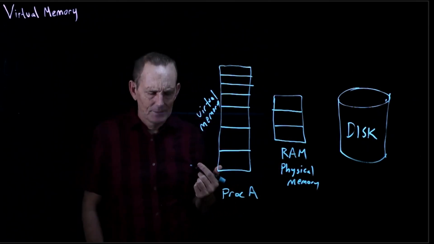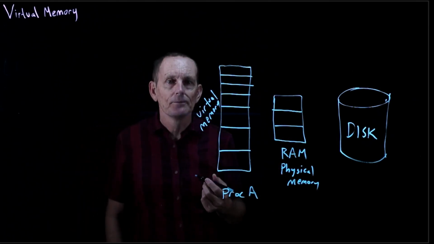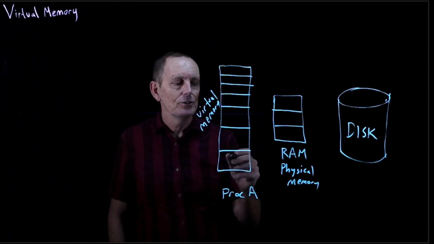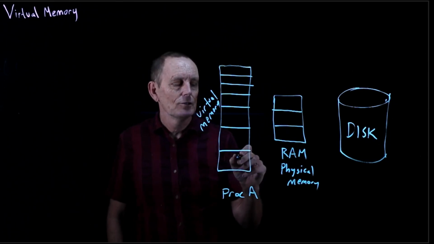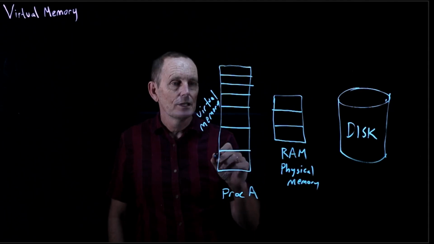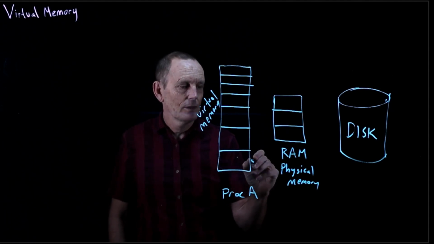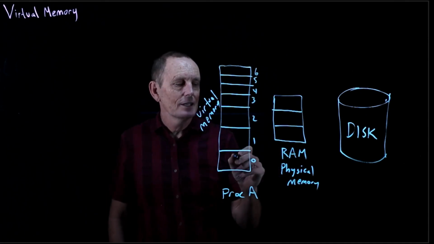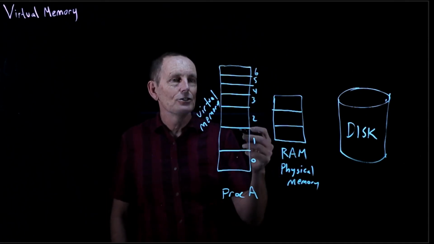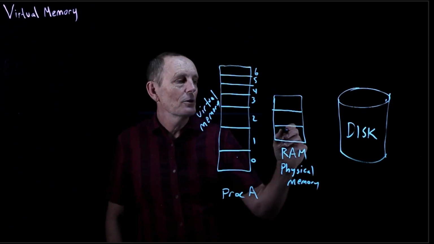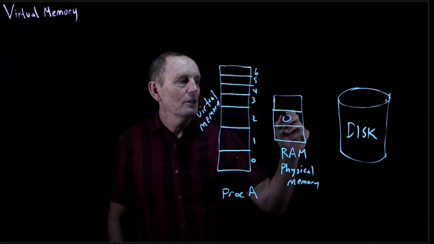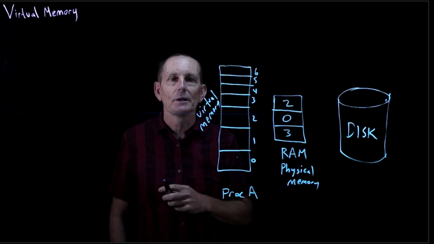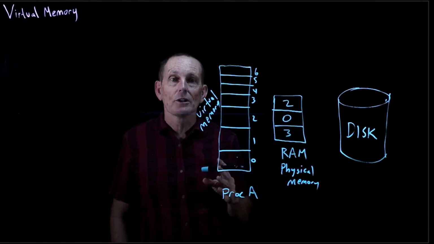So what happens? Let's say our program is running and has used this page. Let's number these pages from 0 to 6, and say it's used page 0 and page 2 and page 3. So 0, 2, and 3 would get loaded into physical memory, and that's all working great.